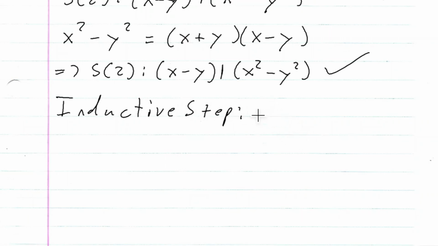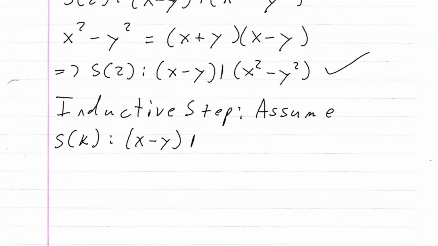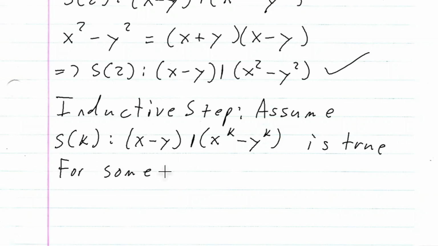So remember, with the inductive step, we're going to assume S of k, which states x minus y divides x to the k minus y to the k, is true, right? Is true for some k contained in the natural numbers.